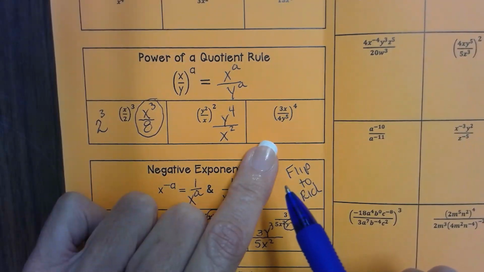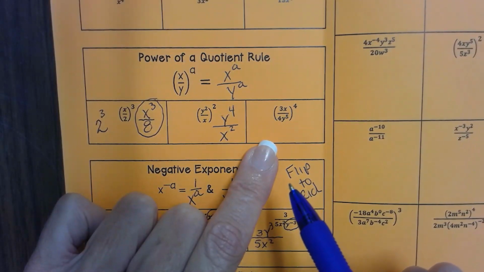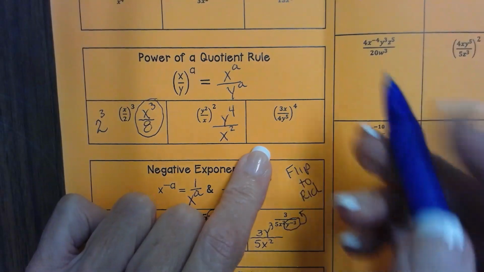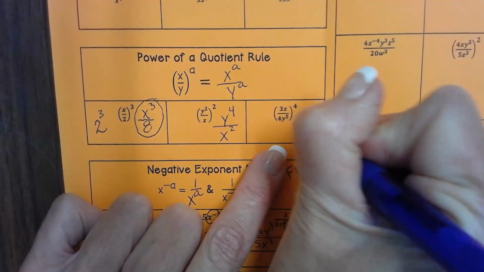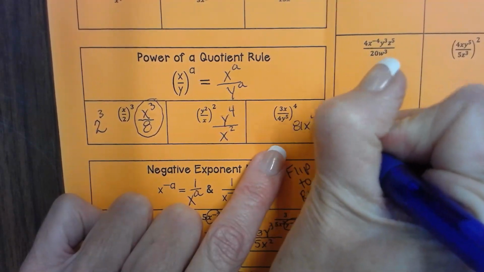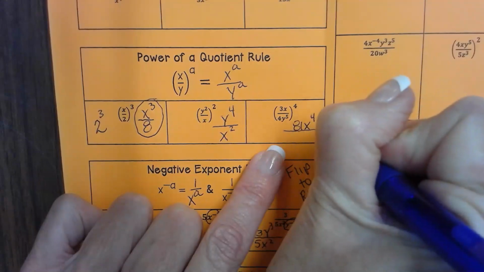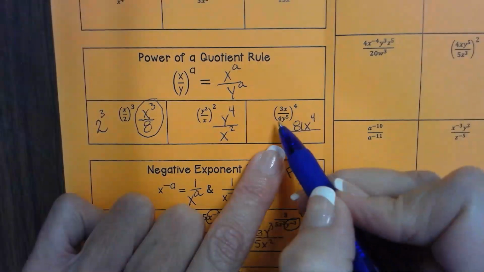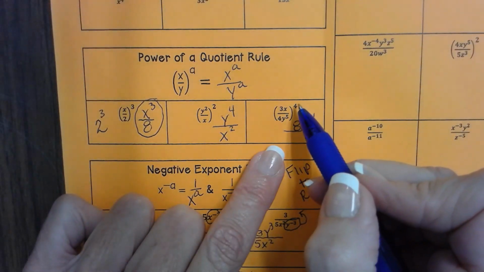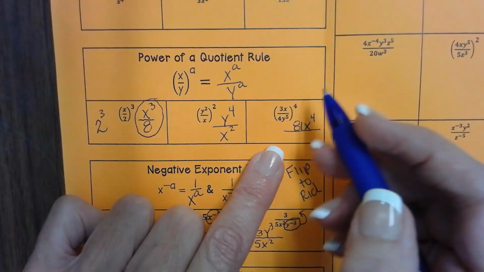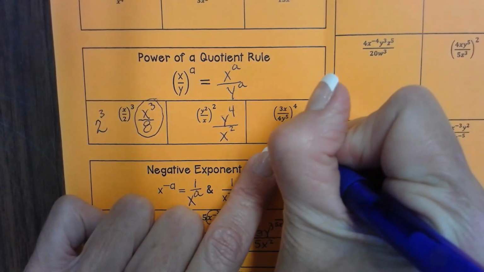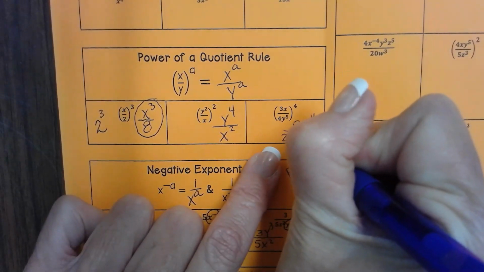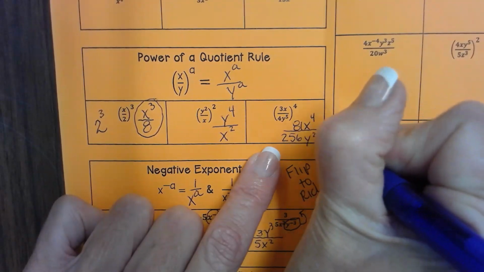What is it? 3 raised to the 4th power. 81. Okay, so we get 81 x to the 4th on top in the numerator. What do we get in the denominator? 256. Yeah, 4 raised to the 4th is 256. Okay. And y to the 20th power.